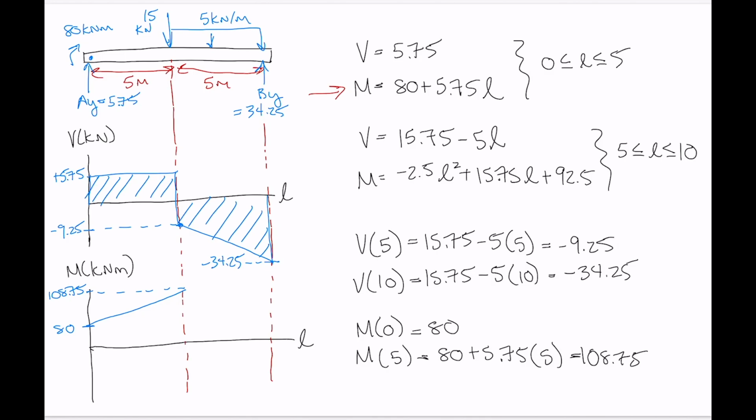And then we turn to our second equation here. Now, our second equation from 5 to 10 meters, we've got a quadratic that is negative. So that's a quadratic that is upside down like that.